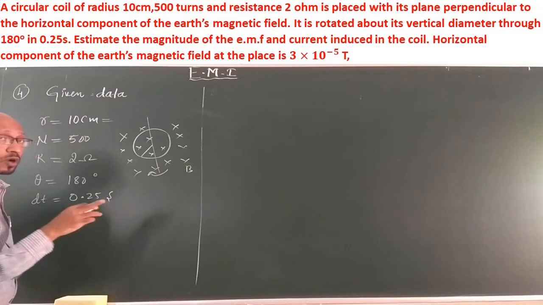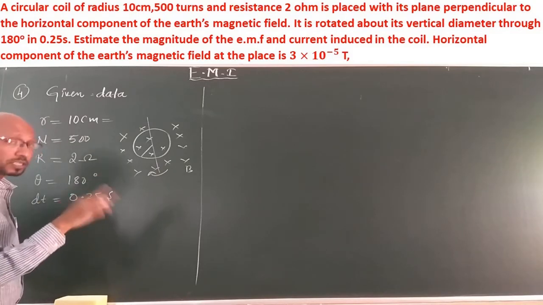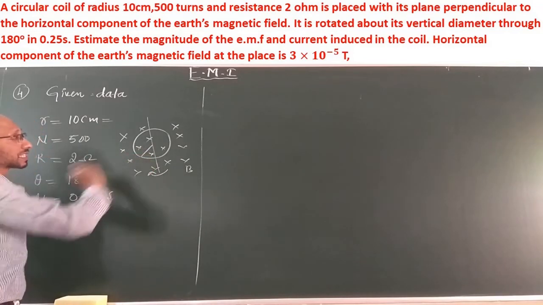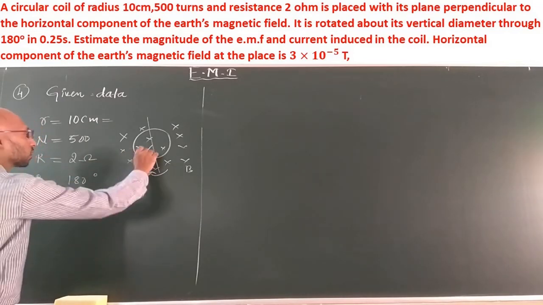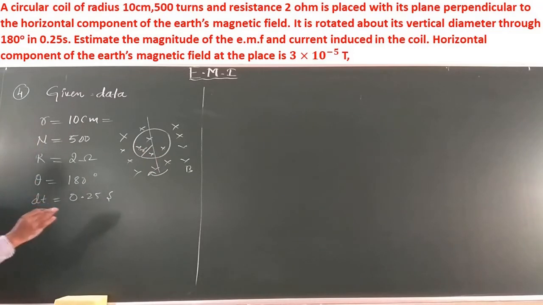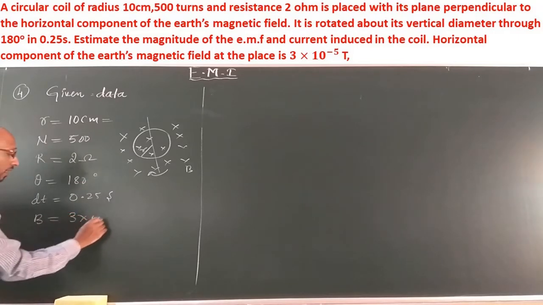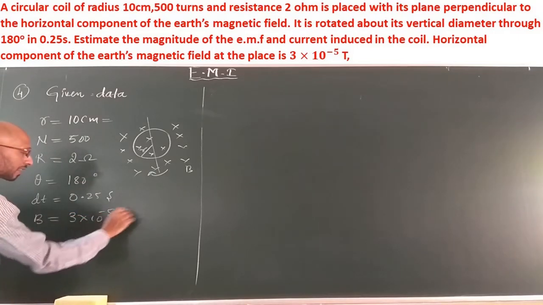Estimate the magnitude of the induced EMF in the coil, and also the current. One more thing is given here: the component of Earth's magnetic field is 3 into 10 raised to minus 5 Tesla.